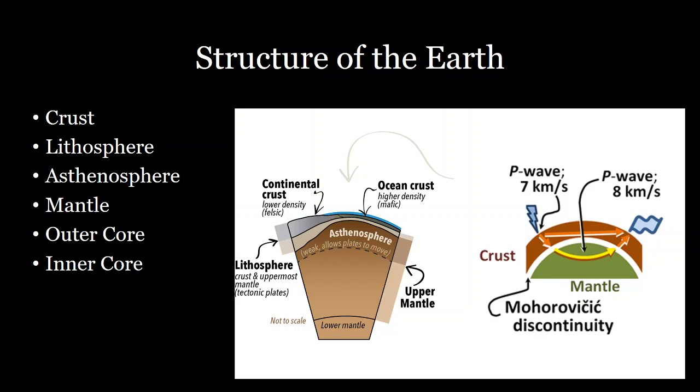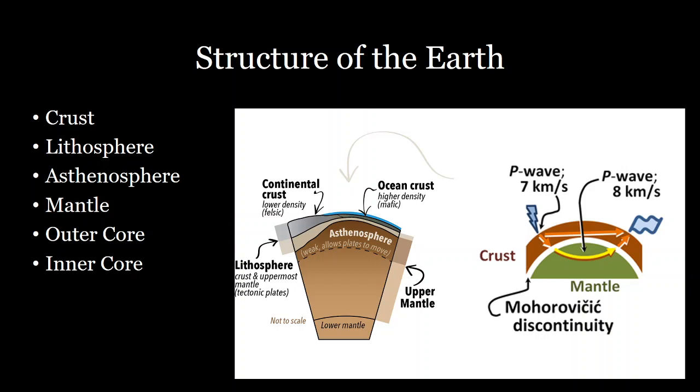And so the bottom of the crust and the top of the mantle is defined by something called the Mohorovičić discontinuity, probably pronouncing that incorrectly. It's also just called the MOHO for short. The MOHO is a distinct difference in how quickly seismic waves can move through the Earth's material.